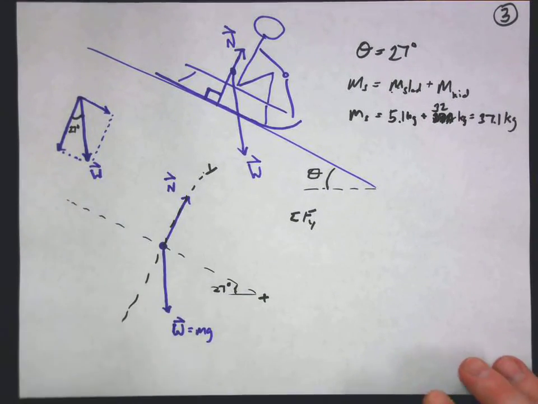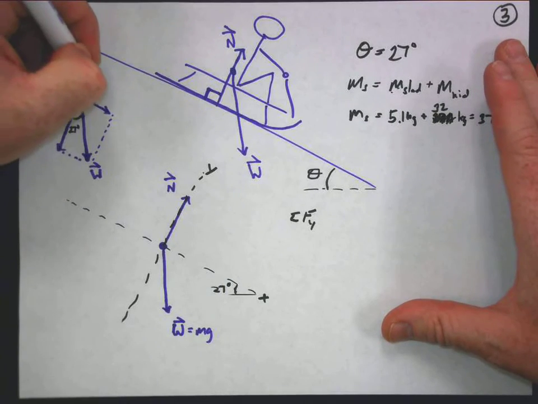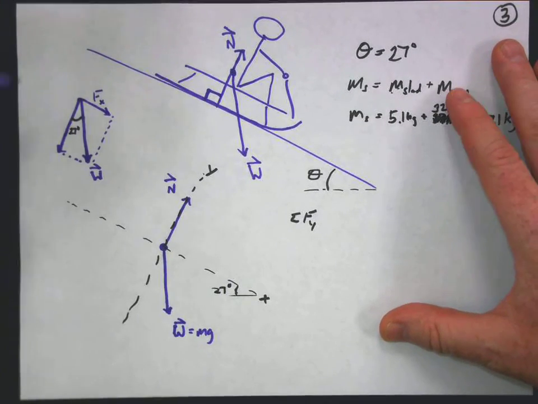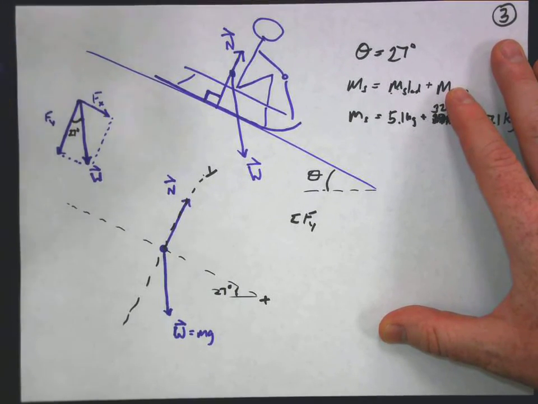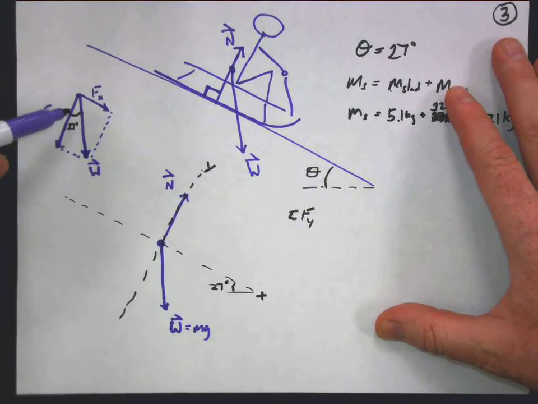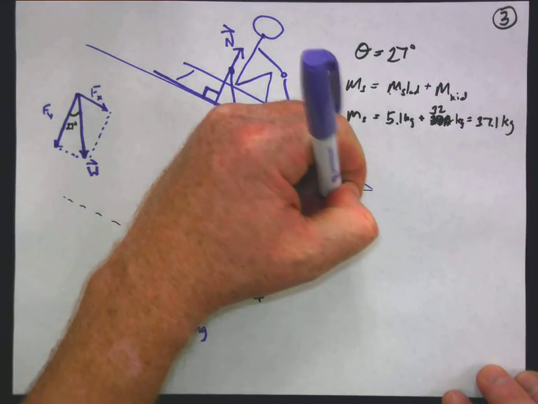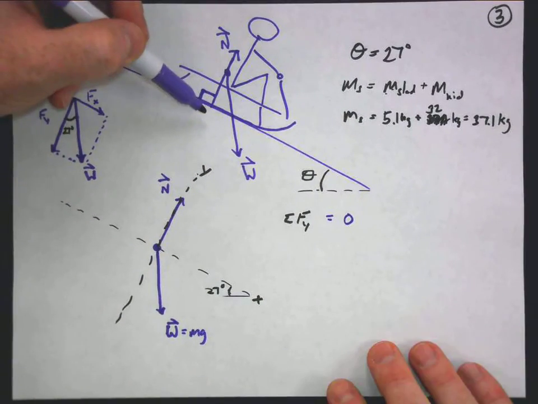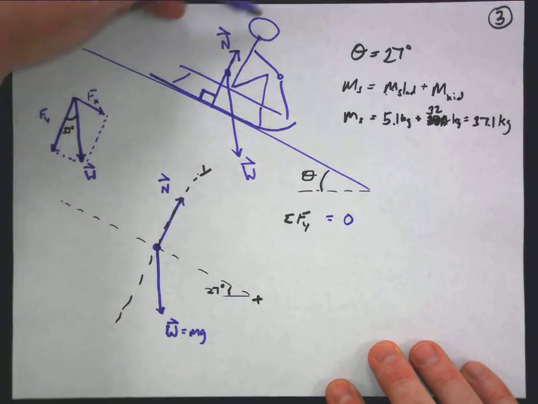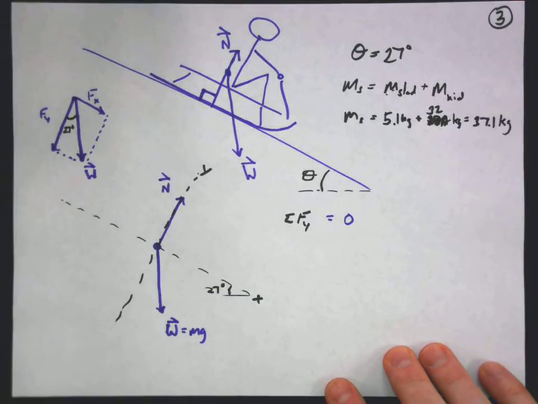But that's important because now this is my force component in the x direction. Here's my force component in the y direction. And look, the y component is now adjacent to the angle. Okay, so what are these forces in the y direction? Well, I know that they sum to 0 because I know the sled is not going to accelerate in this y direction at all, not in this situation.